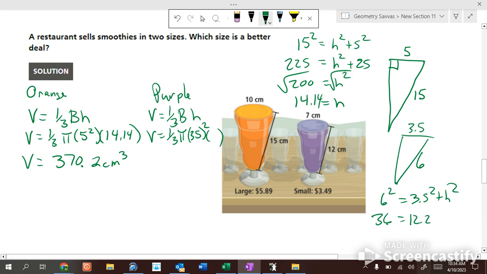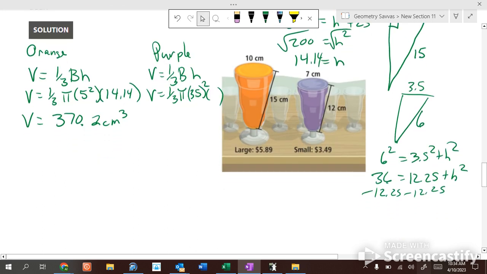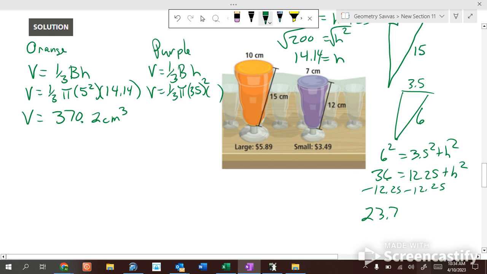I think it's 12.25. Subtract 12.25 from each side. 23.75 equals h squared. Take the square root. What does h equal?